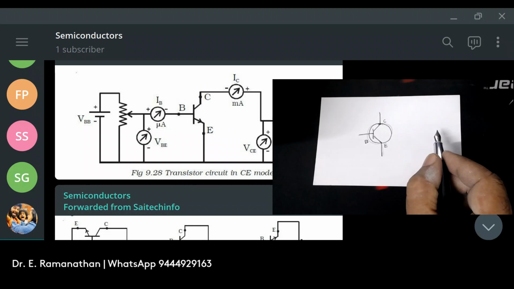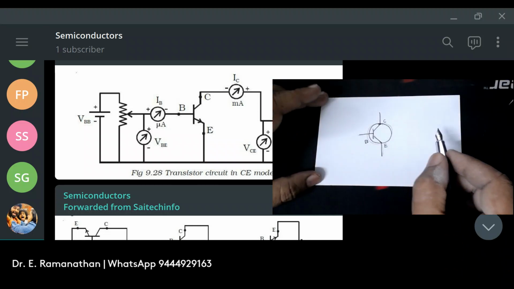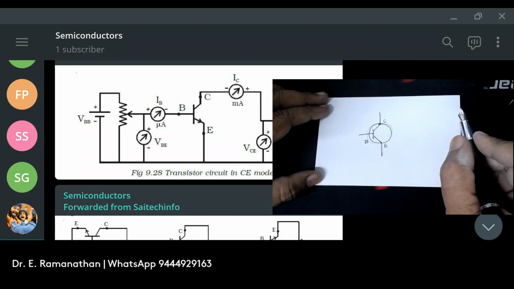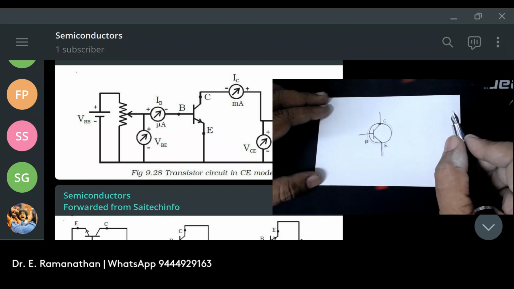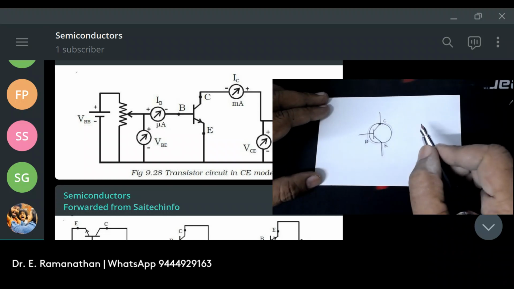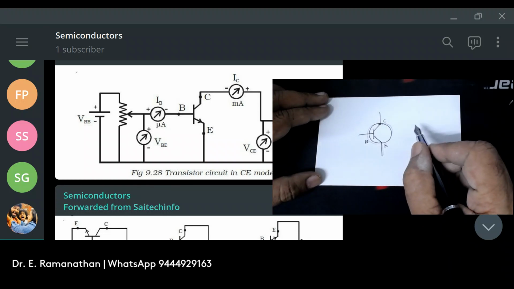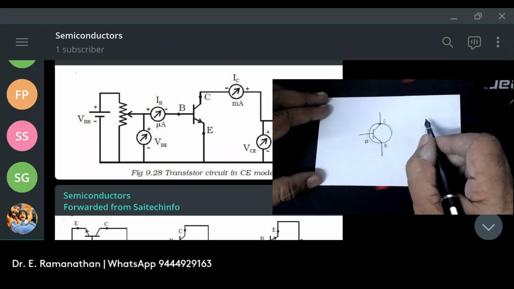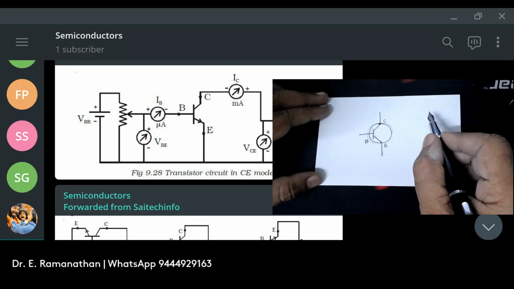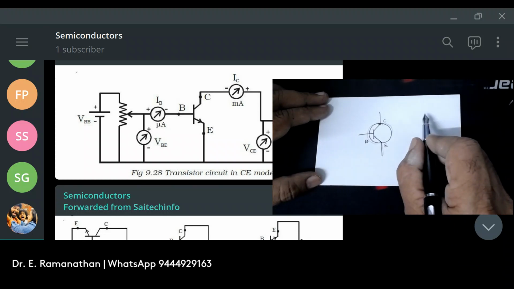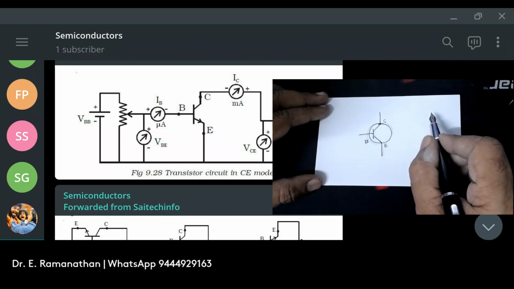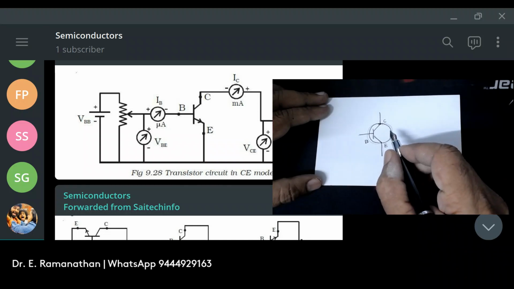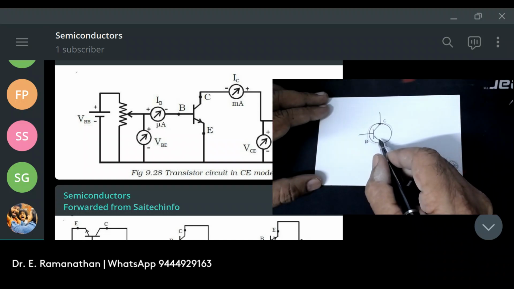type of transistor, whether it is PNP transistor or NPN transistor, based on the circuit diagram. Here, when the charge carrier of the semiconductor, particularly the transistor, is negative, then negative means electrons.